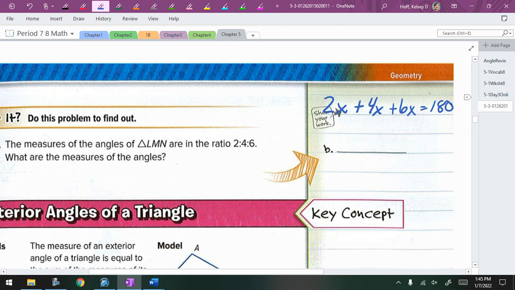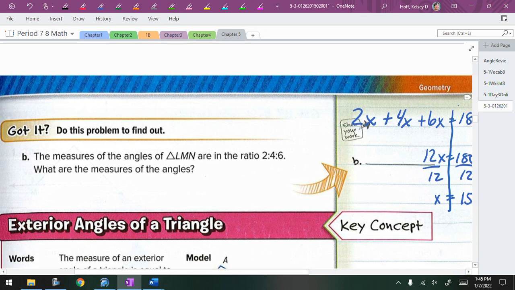Now they all have an x, so we're going to combine them. 2 plus 4, add 6, plus 6 more. 12x equals 180. Then I should divide by 12. x equals 15. Is that my answer? No. What do I do with it? 2 times 15 equals 30 degrees.